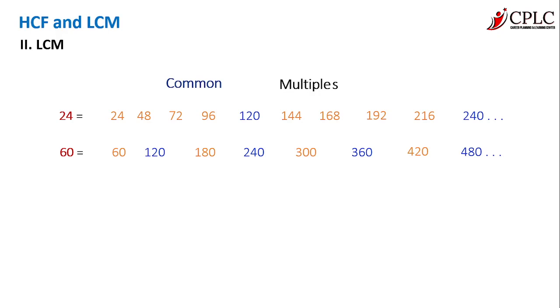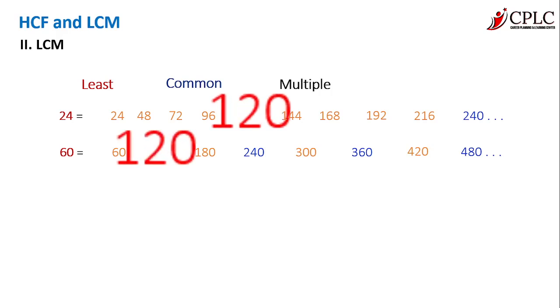Out of all these, the smallest one is clearly 120. So the answer has to be 120. This is the very basic idea, but obviously we are not going to follow this way. This is just a rough understanding for your reference.